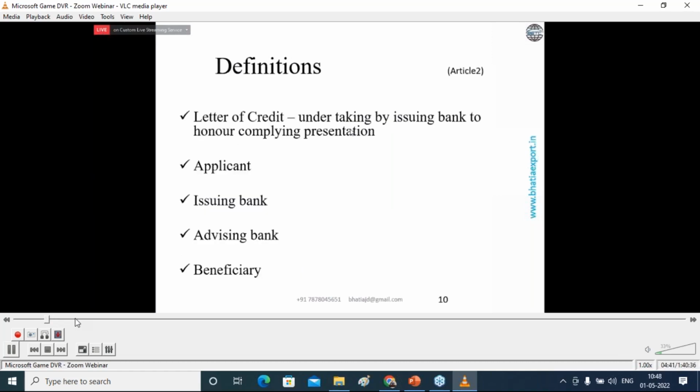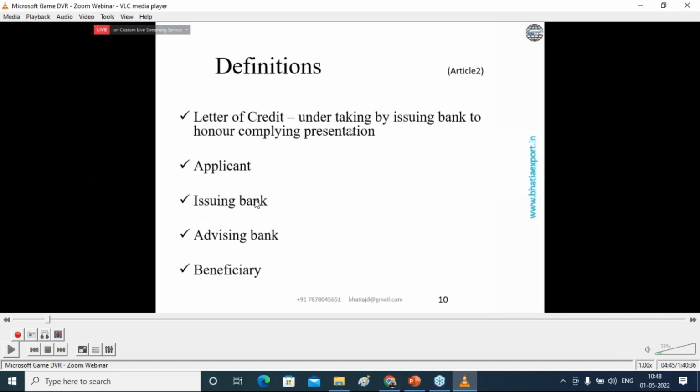The applicant, issuing bank, advising bank, and beneficiary. The applicant is, for example, the buyer who makes the application to the buyer's bank for opening the LC. The issuing bank is generally the buyer's bank that issues, or opens, the LC; we also call it the opening bank.